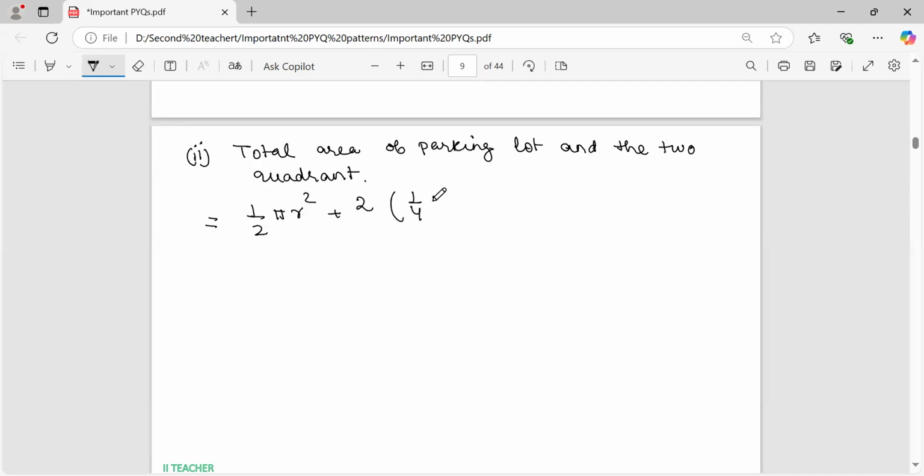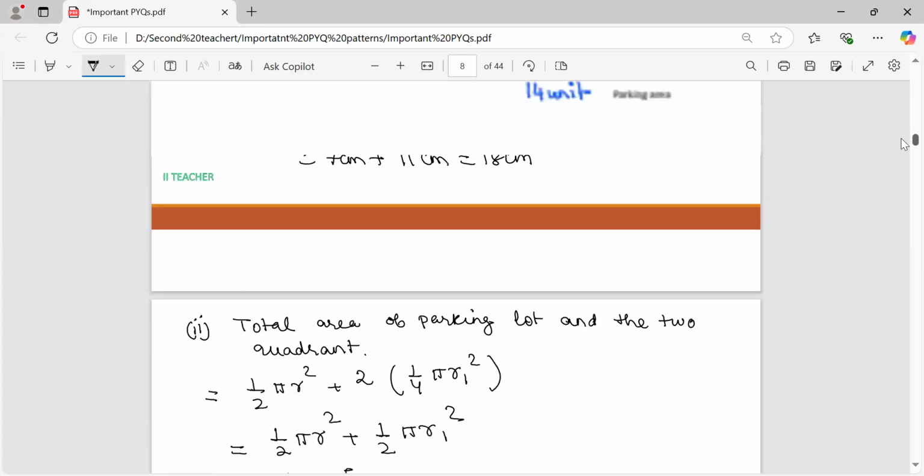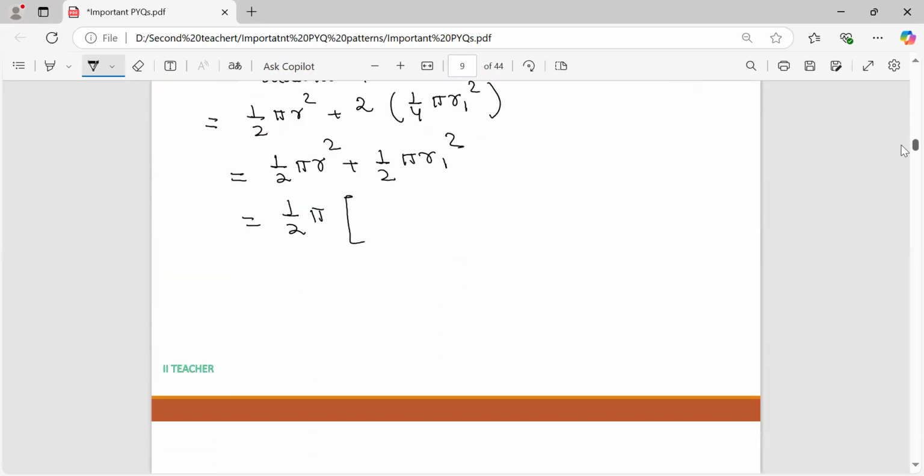That means 1/4 of pi r1 square, two of them. So this also cancels. Basically, this is half pi r square plus half pi r1 square. So half pi I can take as common, and r square plus r1 square. So r is how much? Radius is 7 by 2 and r1 is 2.